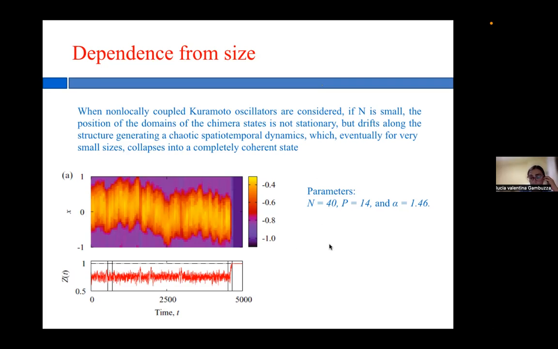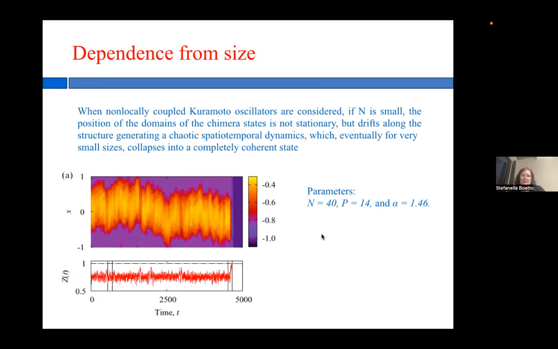However, by changing the choice of the initial condition, and in particular the type of coupling between the units, we, and some other people working on chimera states, were able to find the chimera state also in systems with a small number of units.